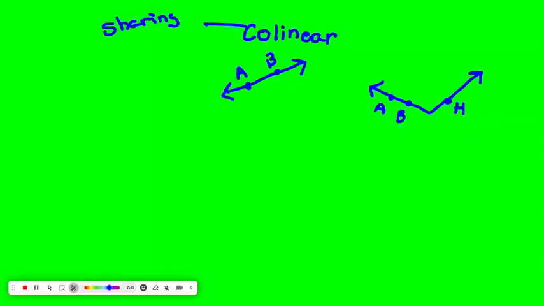These 3 points are not collinear because they're not on the same line. Remember, a line is straight. These are 2 rays with a vertex. So again, it's not collinear because they're not on the same line.